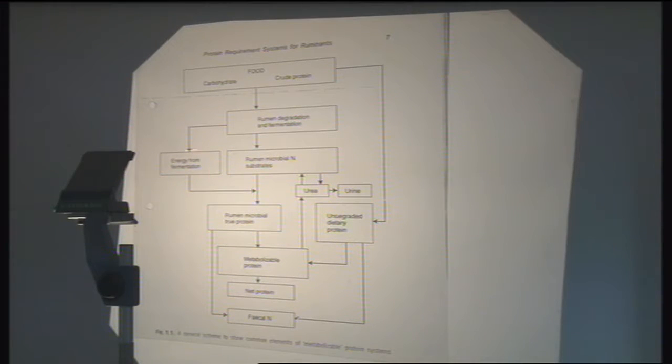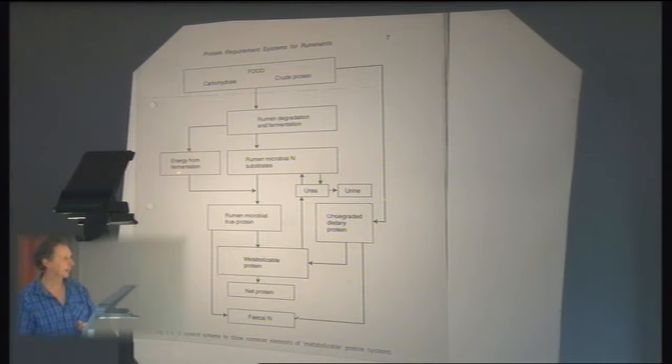Remember, the fermentable energy content is important in affecting that process. And then we have the rumen microbial nitrogen substrates leading to rumen true protein. Add to that the undegraded dietary protein and you get your total metabolizable protein.